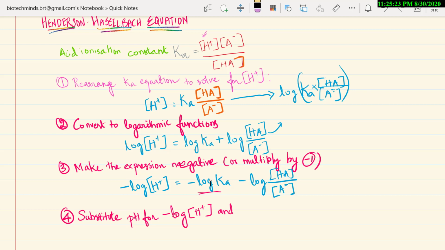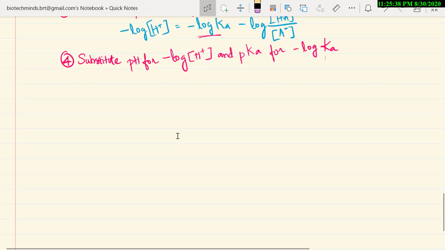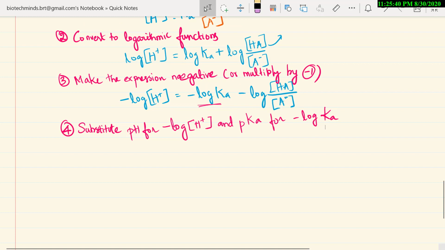That's what we are explaining here. So pKa for minus log Ka. Okay, now what happens to this equation? Simple.